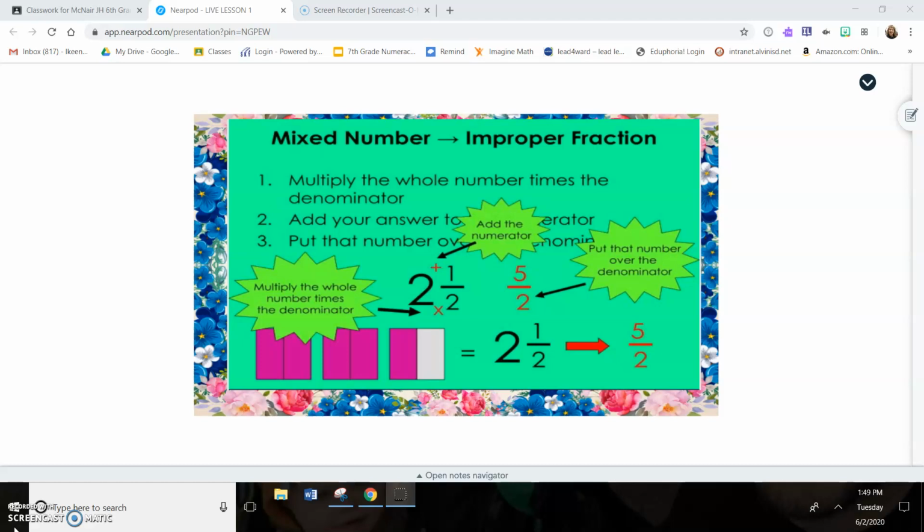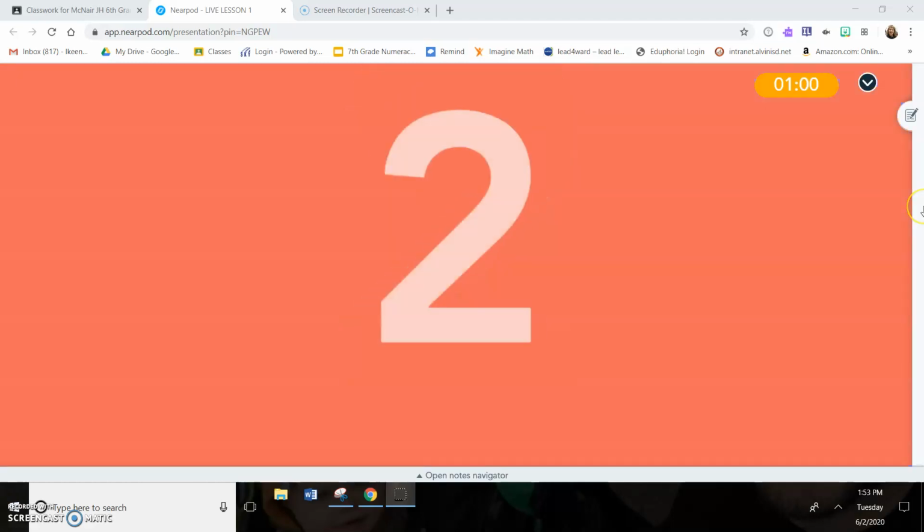So what you're going to do first is multiply the whole number, which is 2, by the denominator in your fraction, which is also 2. So 2 times 2 is 4, plus your numerator, which is 1, will be 5. And your denominator won't change. So your denominator will still be 2. So 2 1/2 changes to an improper fraction of 5/2. And you can also see that modeled right here in this question for you.